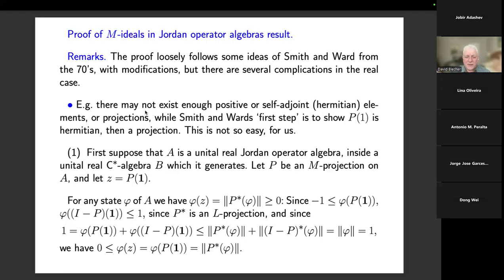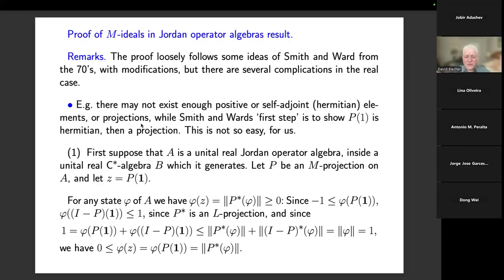But one of the typical complications when doing real versions of results about algebras is that there may not exist any Hermitian elements or any positive elements or any projections. By Hermitian, I mean self-adjoint.